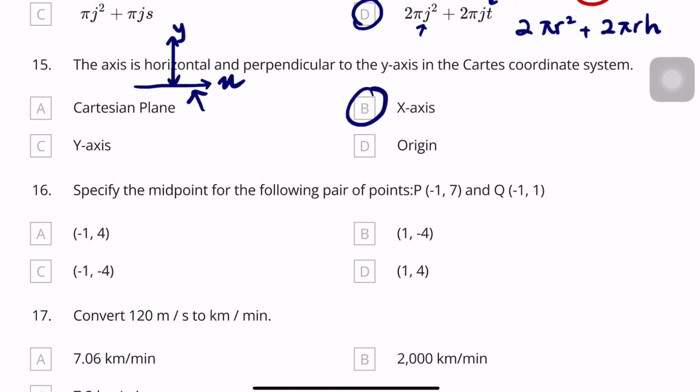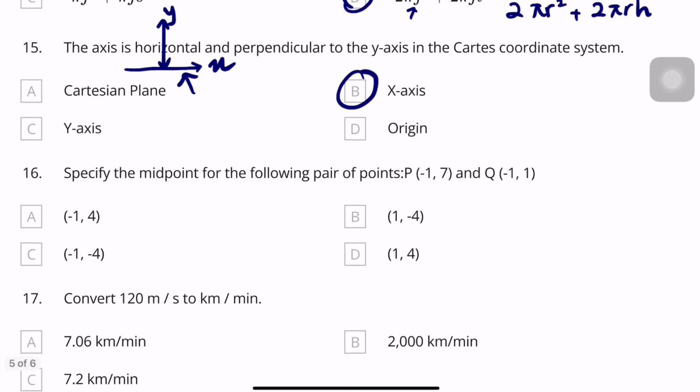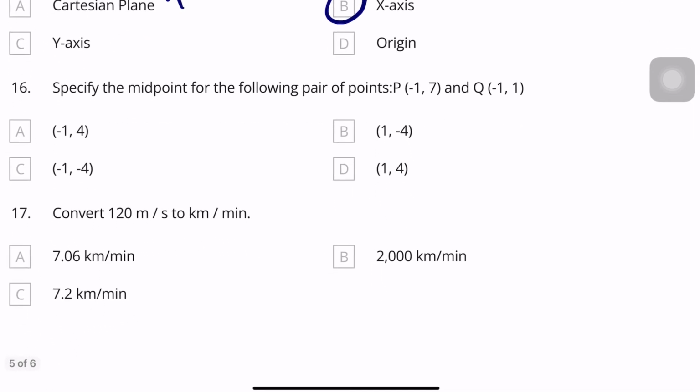Okay, so next, specify the midpoint for the following pair of points. So we have P and Q. First things first, you need to label x1, y1, x2, y2.